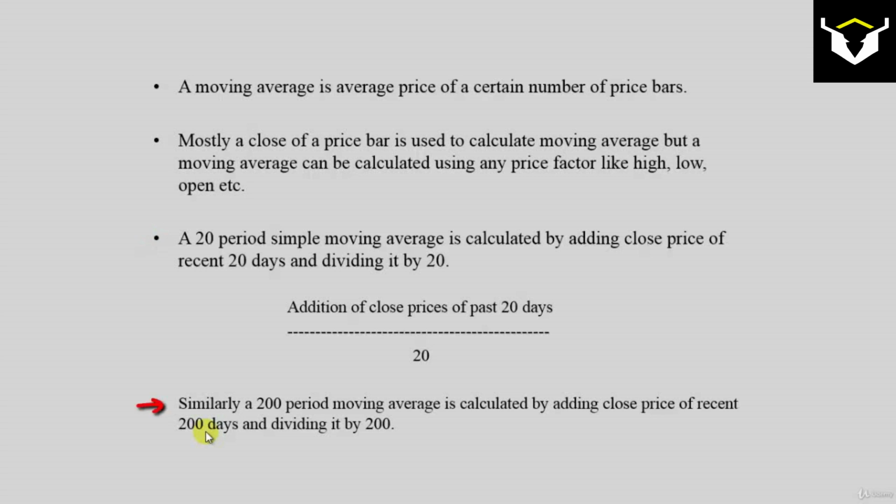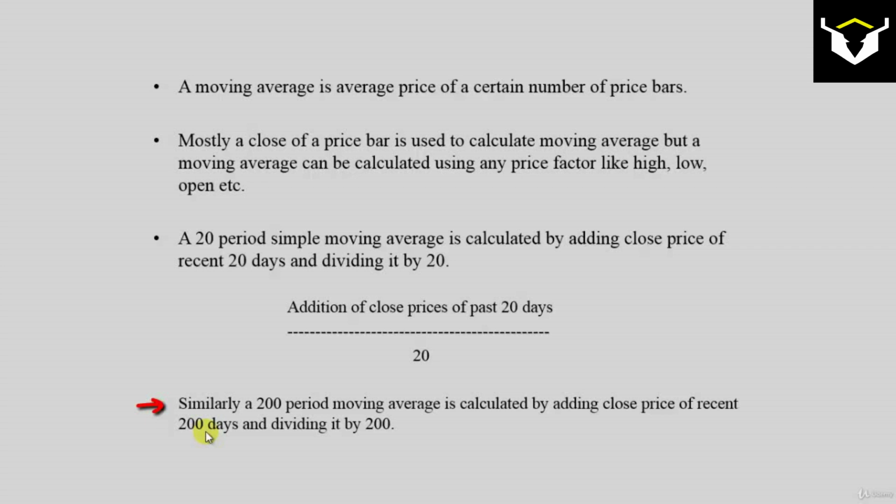Similarly, a 50-period moving average is calculated by adding the close prices of the recent 50 bars and dividing by 50. Whatever figure comes, that figure is plotted below the recent bar.